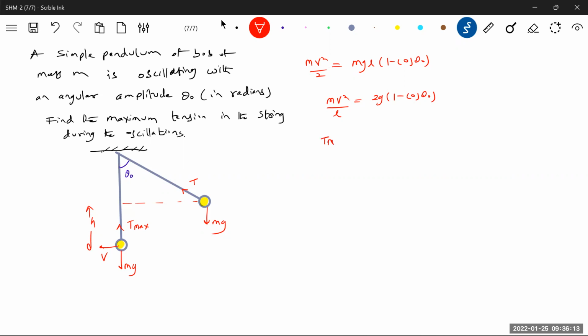Then T max minus mg is the required centripetal force at the mean position, which should be equal to mv square by L. So mv square by L is 2mg(1 minus cos theta naught). T max equals 3 mg minus 2 mg cos theta naught.